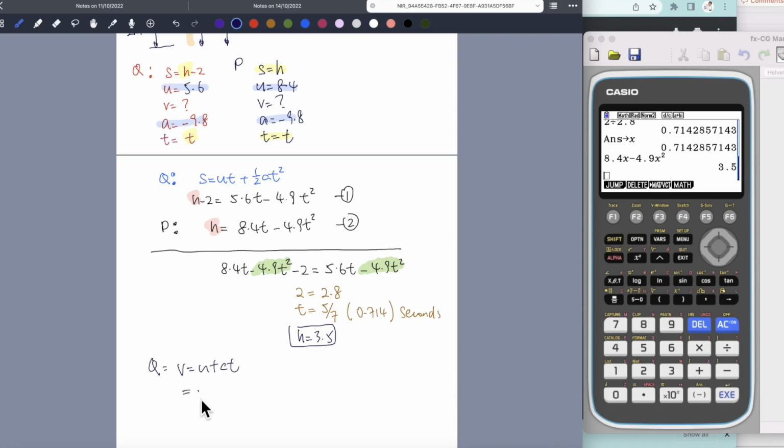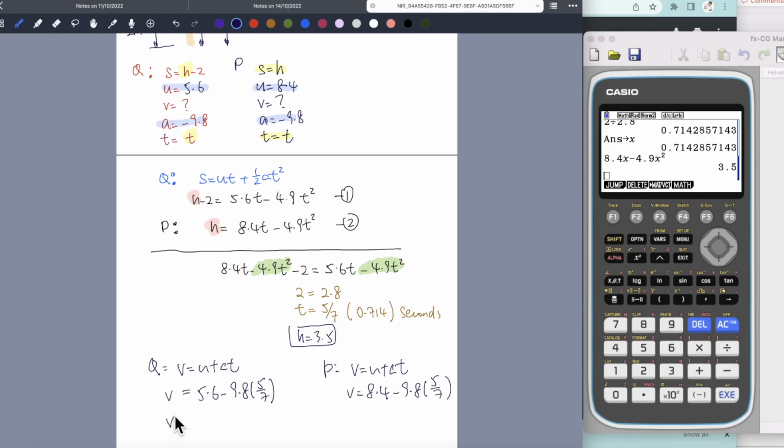V equals 5.6 minus 9.8 lots of 5 over 7. For P, V equals U plus AT as well. But your V is 8.4 minus 9.8 lots of 5 over 7.